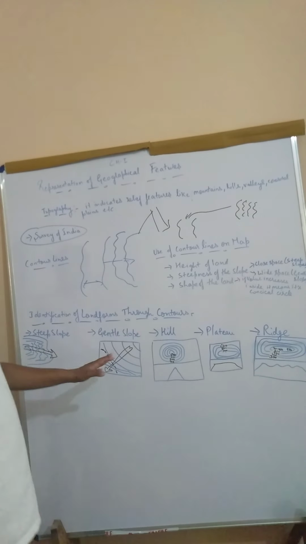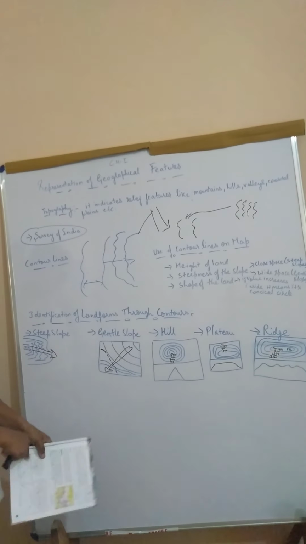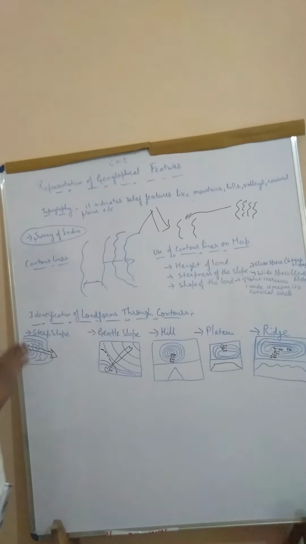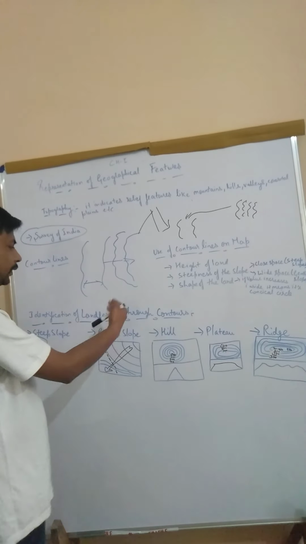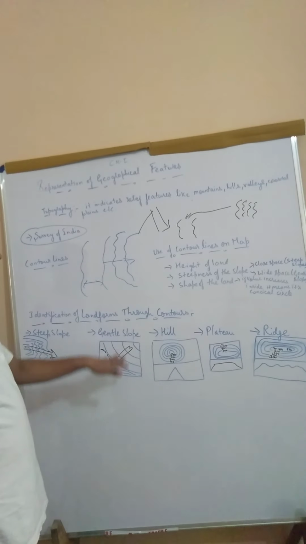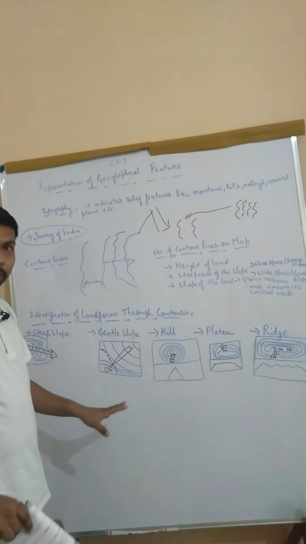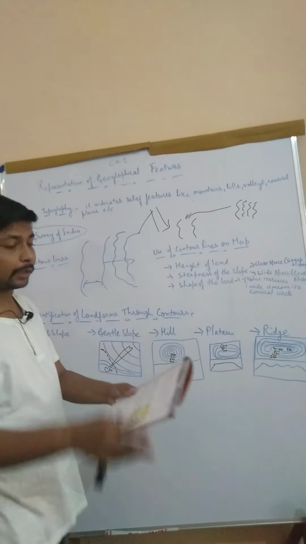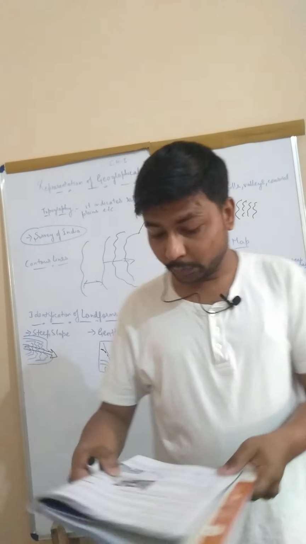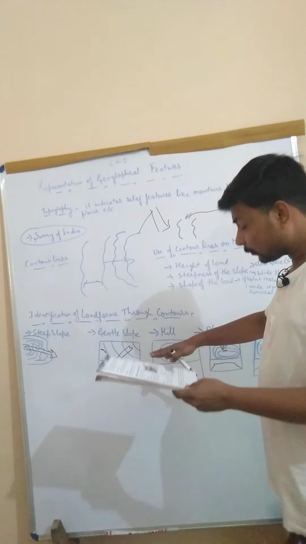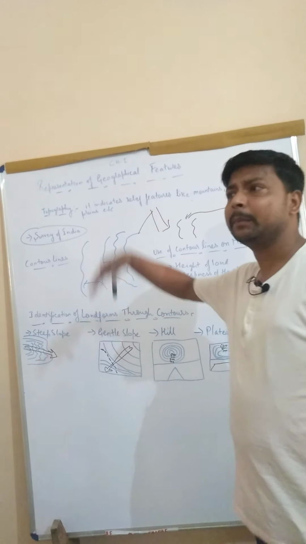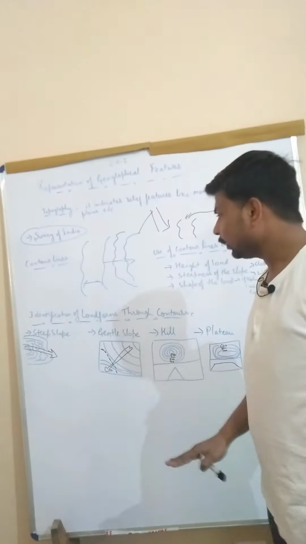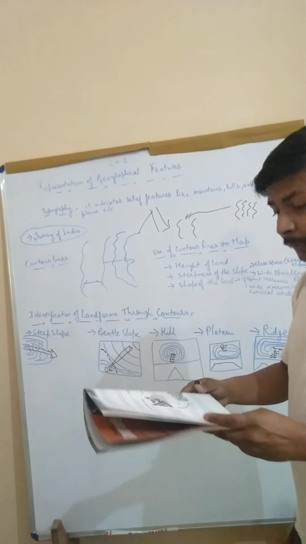And you see there is a difference in pattern. In the steep slope there is no particular pattern of the contour lines, but in the gentle slope you find a particular pattern of contour lines, and there is a vast difference between those contour lines. Okay, it means that when it's a gentle slope, the area above might be rising, and you find a particular gentle slope there.